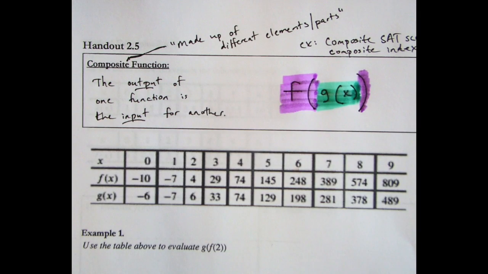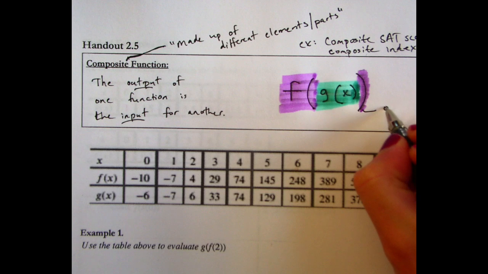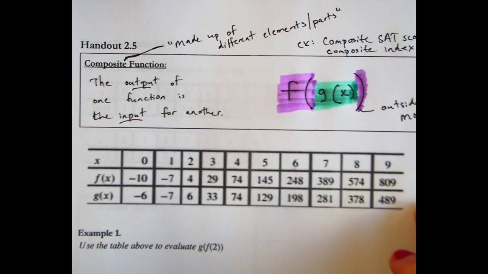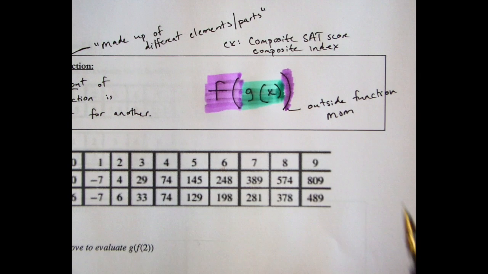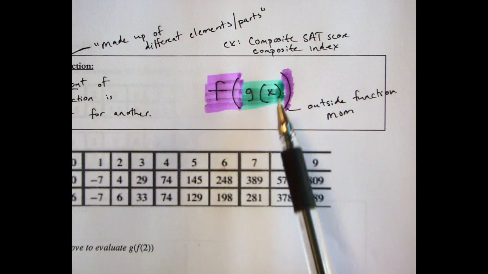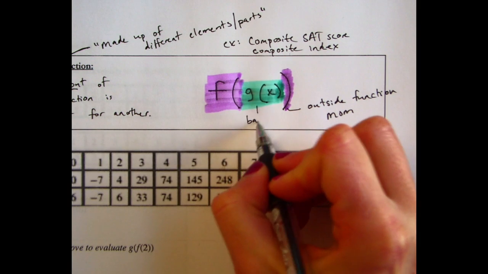The way that I think of it is I always think of the outside function as a mom. So this outside function is a mom, a pregnant mom, and inside the mom's stomach is a baby.